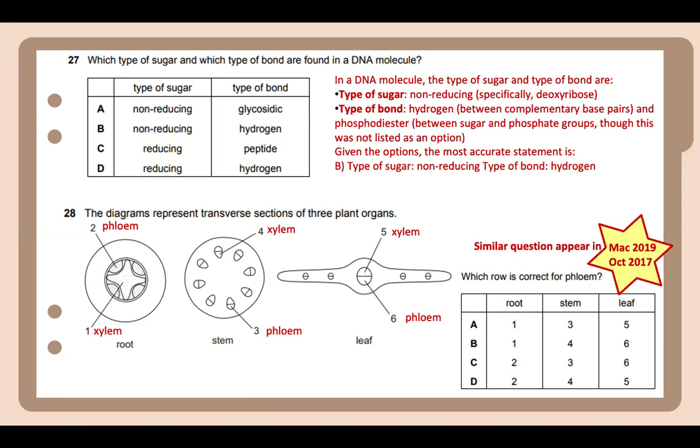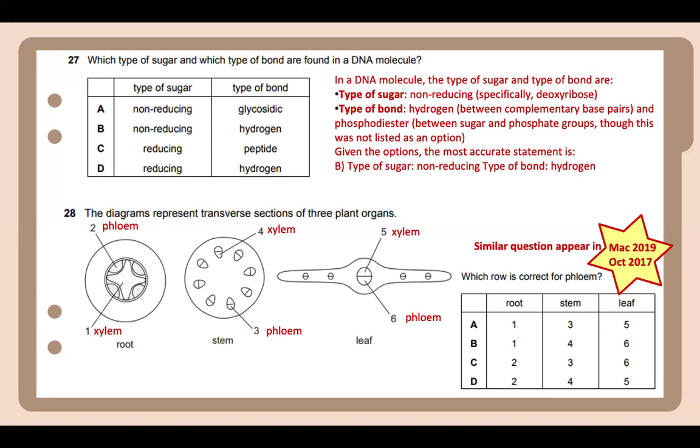Given the options, the most accurate statement is that the sugar is non-reducing and the bond is hydrogen. Number 28 is a similar question which appeared in March 2019 and October 2017.